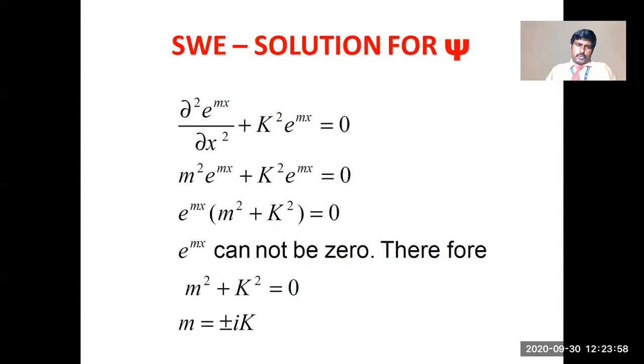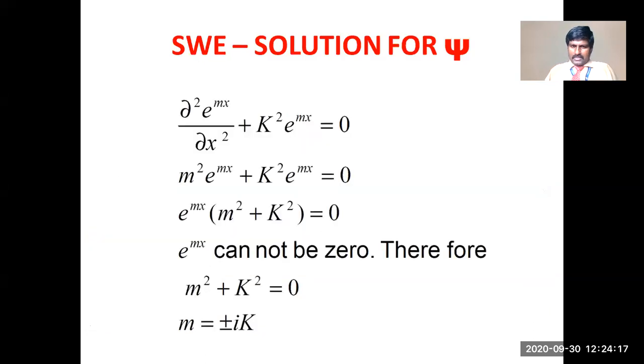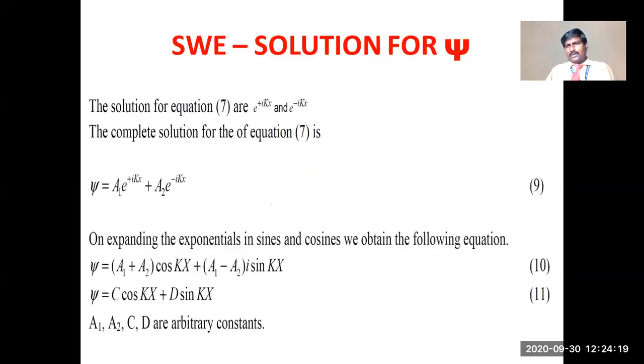Now m has two values here, plus ik and minus ik. If you substitute e power ikx and e power minus ikx in psi, here we should know one more thing: a linear combination of two wave functions.